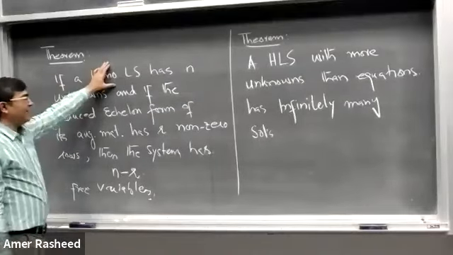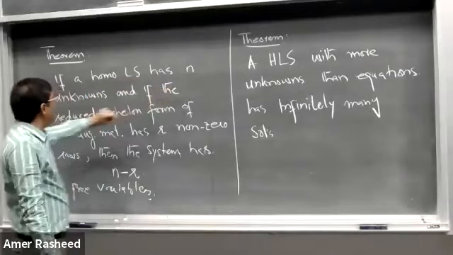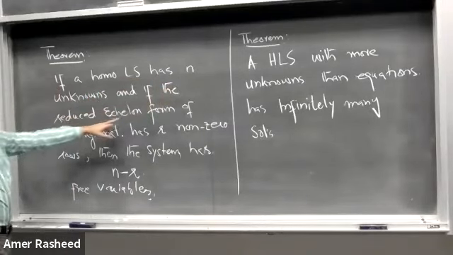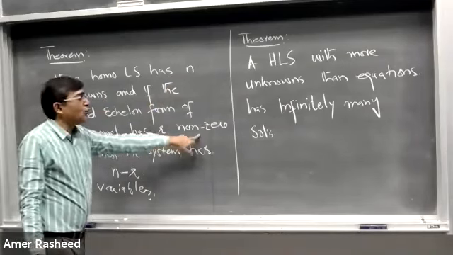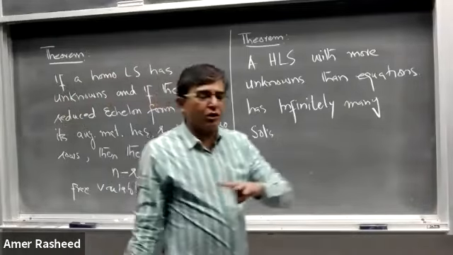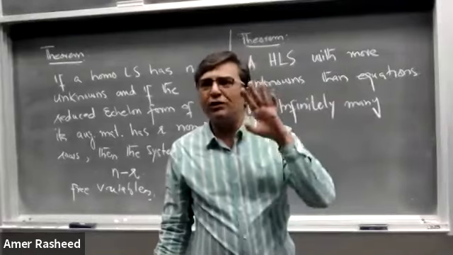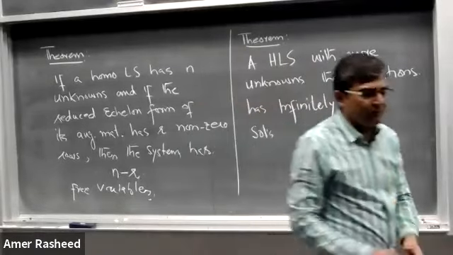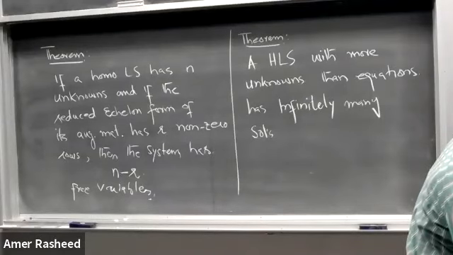If a homogeneous linear system has n unknowns and the reduced echelon form of its augmented matrix has r non-zero rows, in that case we have 3 non-zero rows in the augmented matrix, whereas we have 4 unknowns, so we must introduce one free variable in order to write the solutions. I hope you get it.